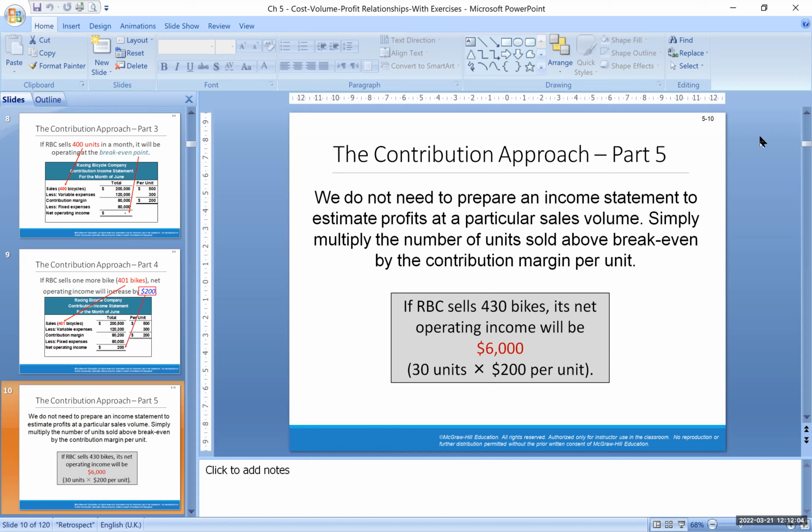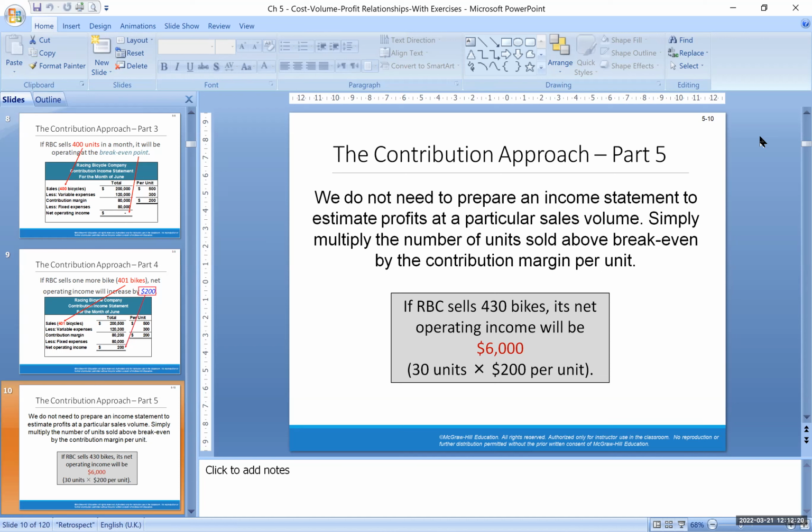The $200 is calculated from the price for one unit minus the variable cost for one unit. The price in our example was $500, and the variable cost per unit was $300.